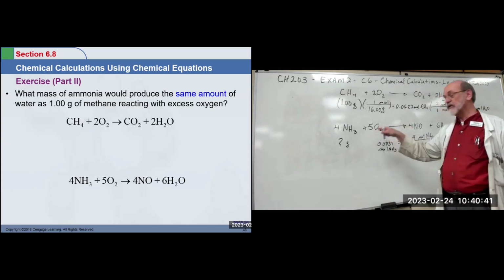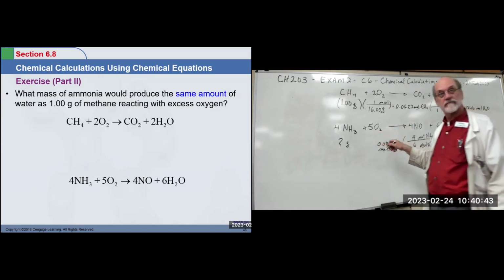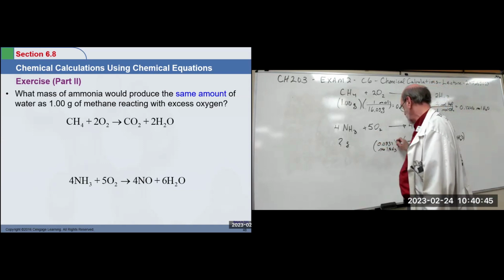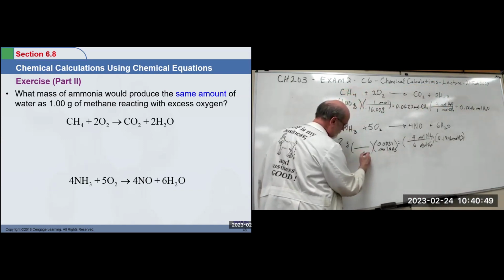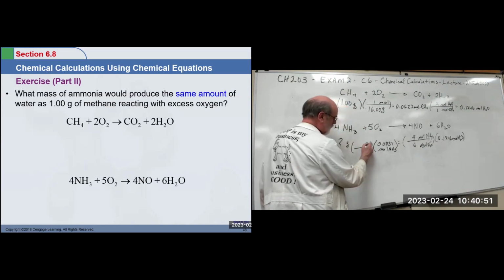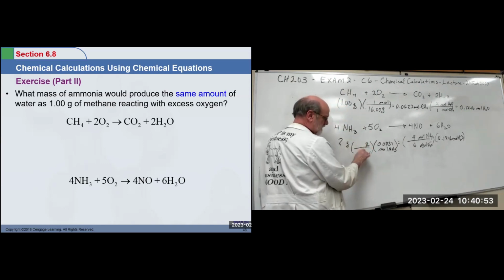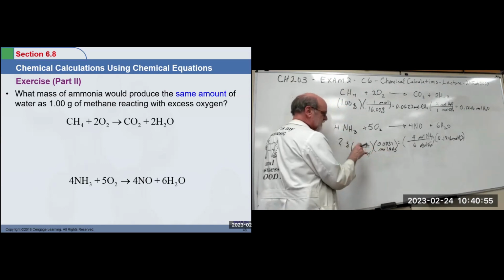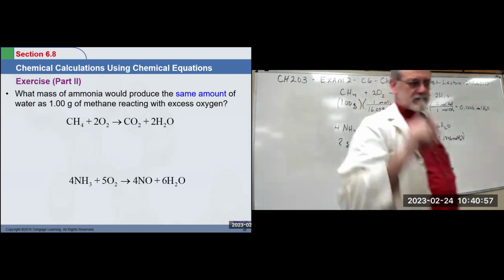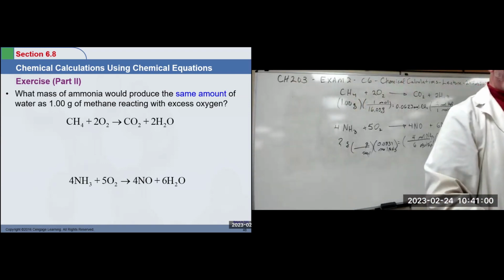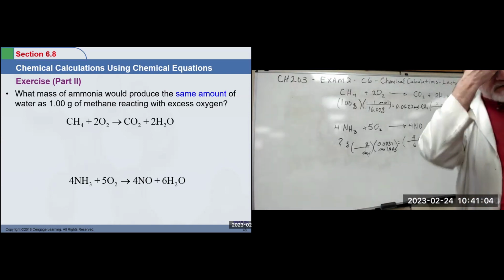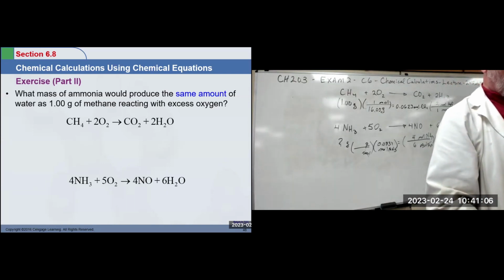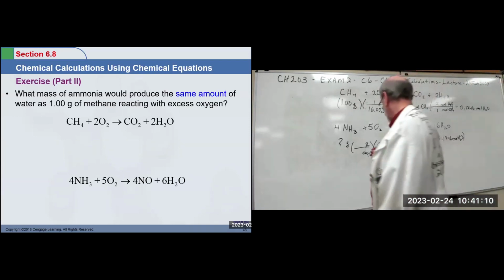Now we can convert to grams of ammonia. We know how many moles. We need a conversion factor that will cancel moles and leave us with grams. Okay? This is in the denominator, that's in the numerator. So what's the molar mass of ammonia? Let's see. Nitrogen is 14.01, and we have 3 hydrogens, 3 times 1.01. 17.04.